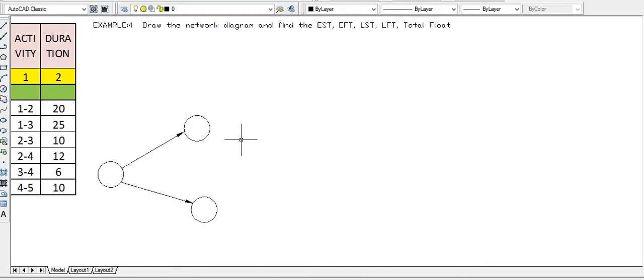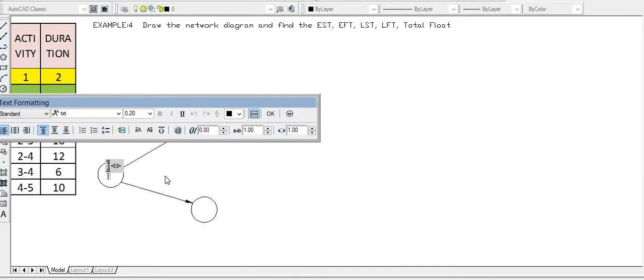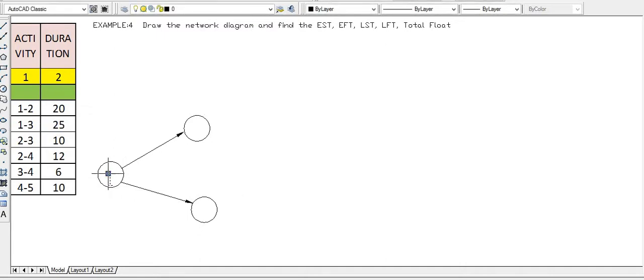Okay, so this is the event 1, so we will give names to these. 1 to 2 has a duration of 20 days, so we will write down 20 days also.